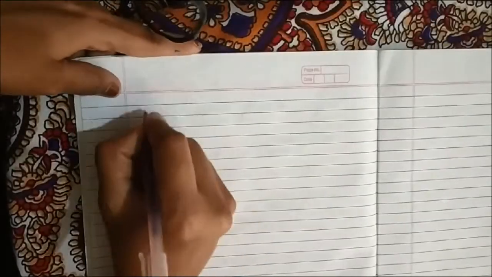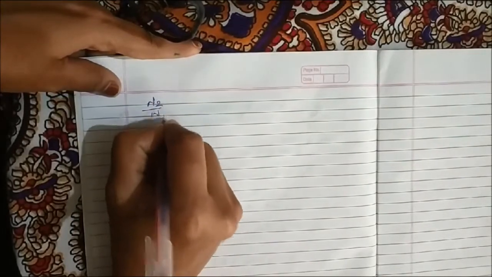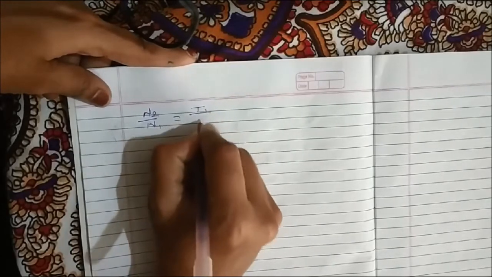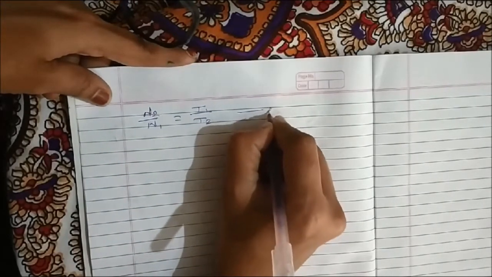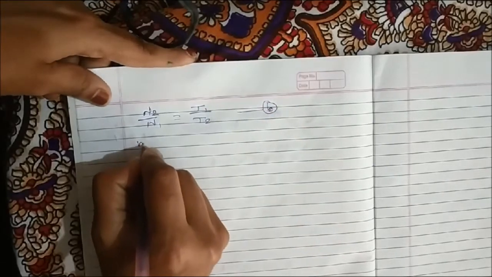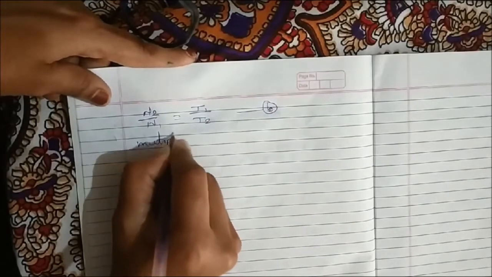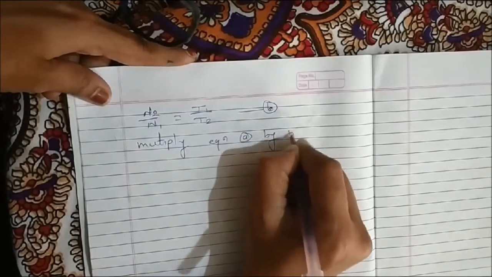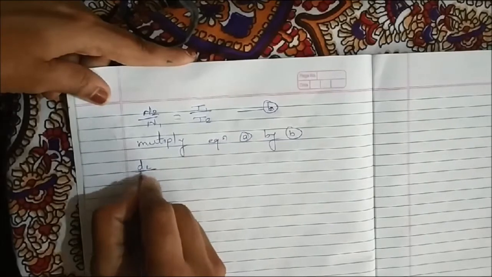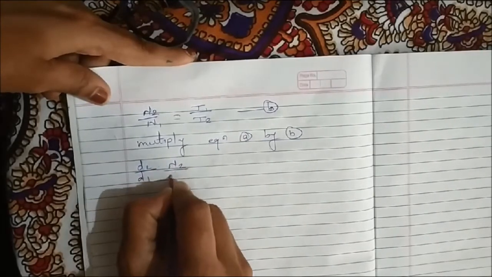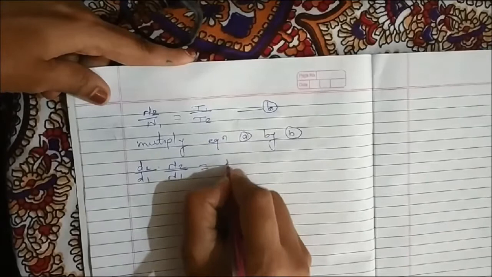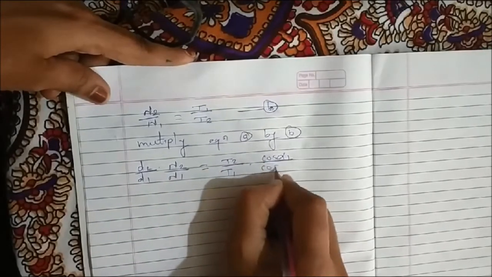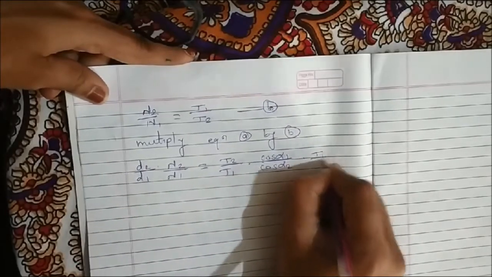Then n2 upon n1 is equal to, we know that n2 upon n1 is equal to t1 upon t2. This is equation B. So multiply equation A by B. So what we get, d2 upon d1 into n2 upon n1 is equal to, so d2 upon d1 is t2 upon t1 into cos of alpha 1 divided by cos of alpha 2 into t1 upon t2.